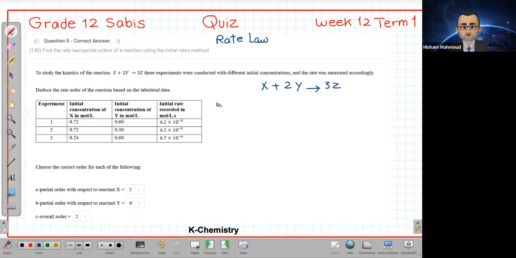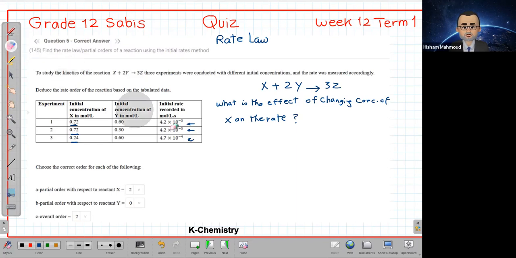I want to know the effect of changing the concentration of x on the rate of the reaction. Does it have any effect, or no effect? So if I change the concentration of x, like here x is 0.72, and here x is changed to become 2.4, is it going to have any effect on the rate of the reaction or not?